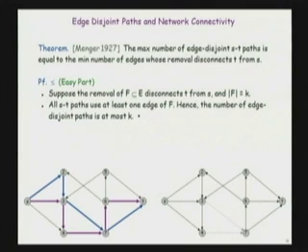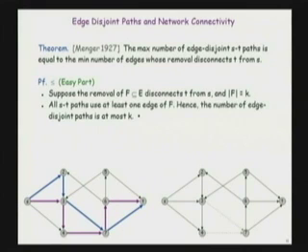One part of this is easy. I can't have more paths than the minimum number of edges whose removal disconnects the graph. So, in fact, the number of paths has to be at most the disconnection value. Why is that? Well, suppose you had that disconnection.